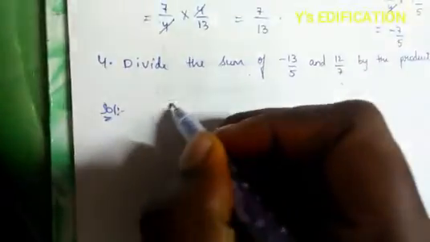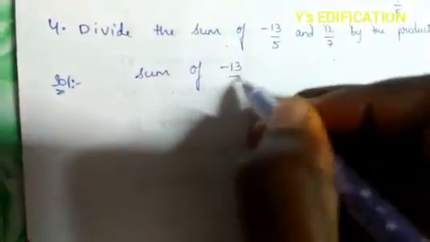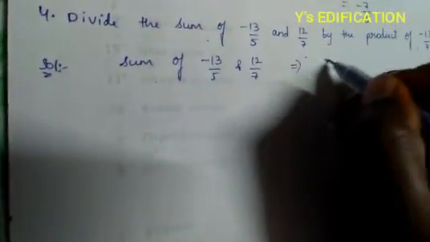Let us take the first one. Sum of minus 13 by 5 and 12 by 7 means minus 13 by 5 plus 12 by 7. Here the LCM is 35, so we multiply this with 7 and this number with 5.